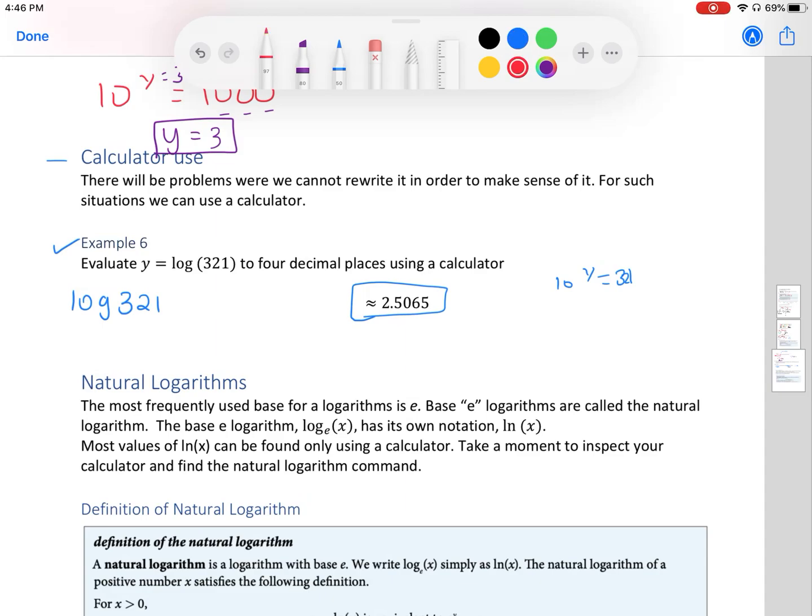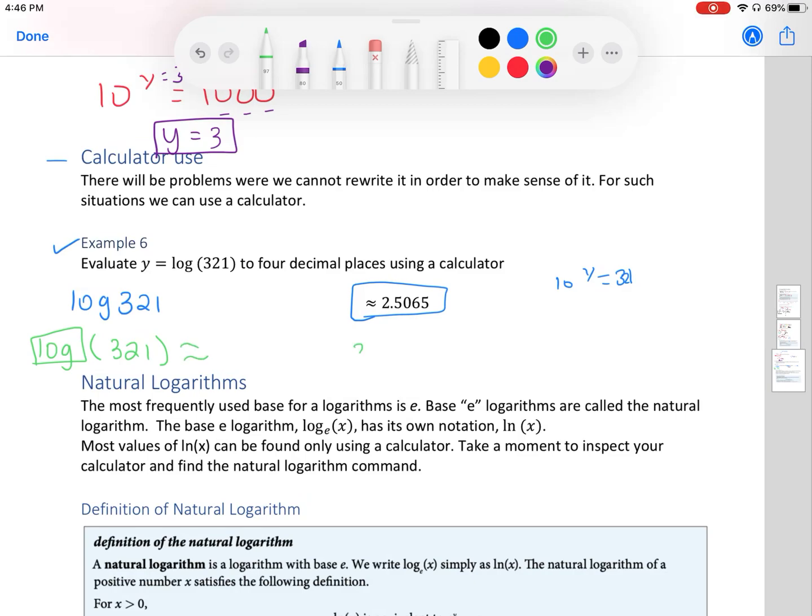Now, it depends what kind of calculator you have and what you're using. I read a textbook that's talking about calculators and it calls them innies and outies or something like that. So order matters and depends on how your calculator works. Some calculators make you type in log and you punch in your number and you have to close your parentheses and you get an answer.